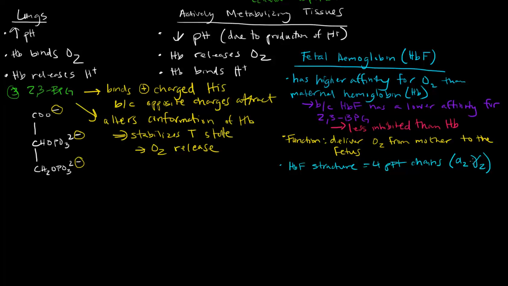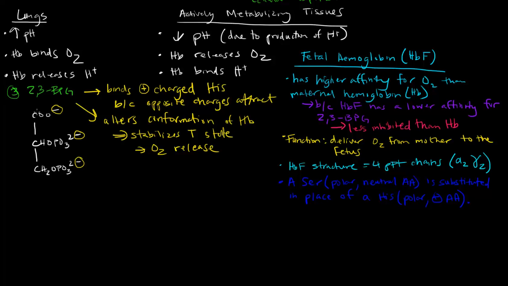These gamma subunits: what's going on there is that a serine residue, a polar neutral amino acid, is substituted in place of a histidine, which is a polar but positively charged amino acid. So what's the deal?